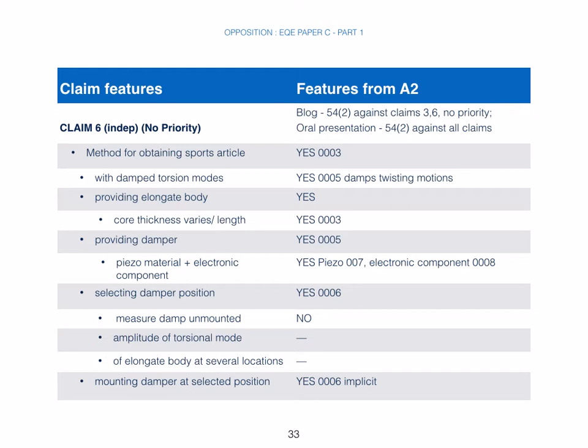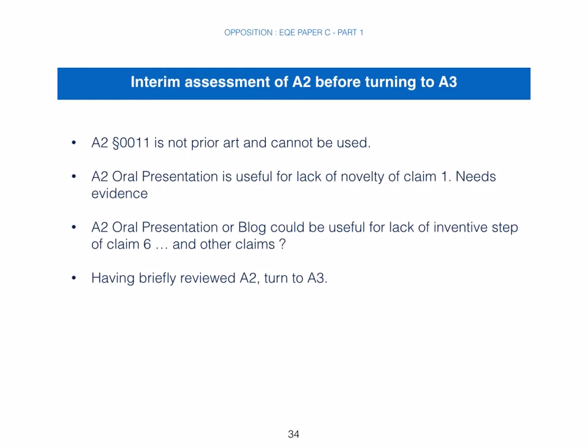Now we need to make a preliminary assessment of A2 before we turn to A3. Here is our interim assessment. A2 paragraph 11 is not prior art and cannot be used. A2 oral presentation is useful for lack of novelty of claim 1.